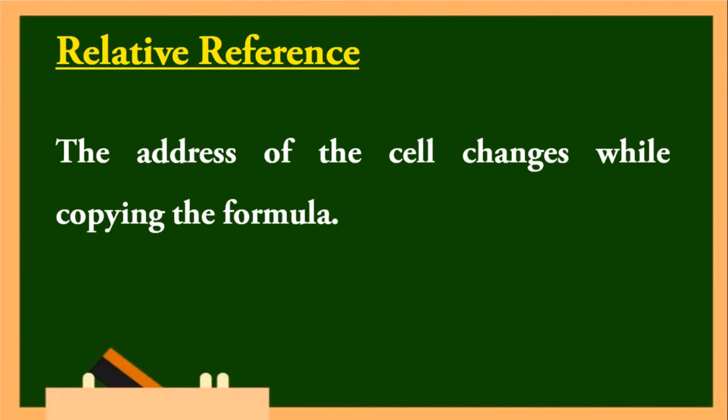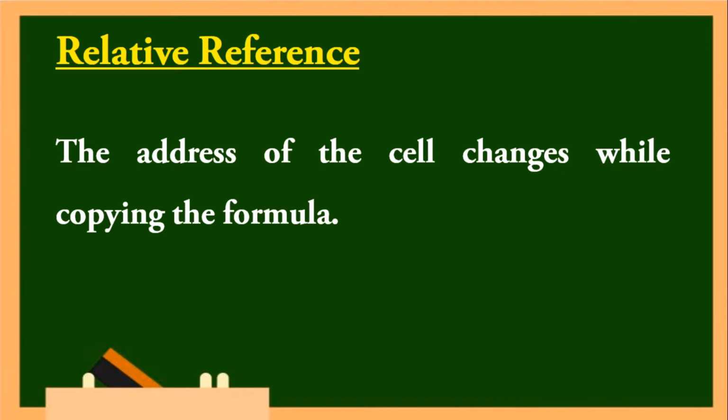The address of the cell changes while copying the formula. As I told you, we took an example, equal to A1 plus B1. Whatever value you have in A1 and B1, both should be added.